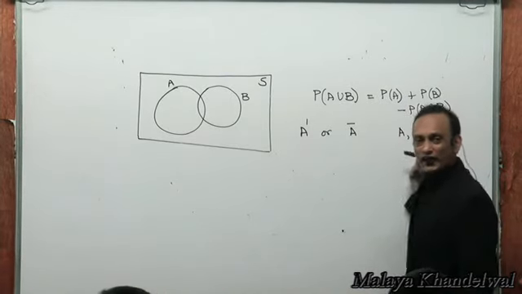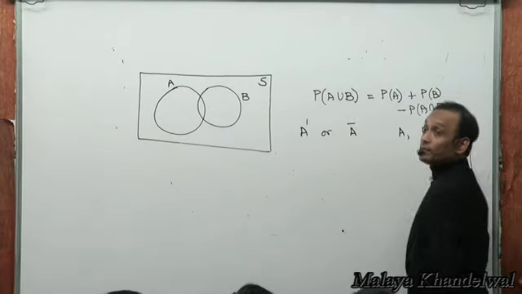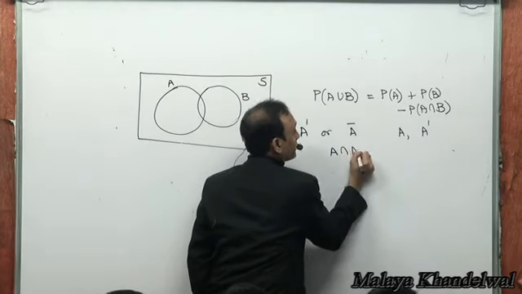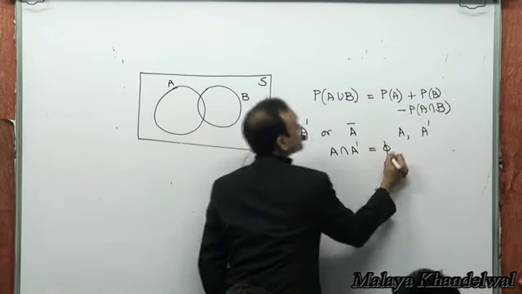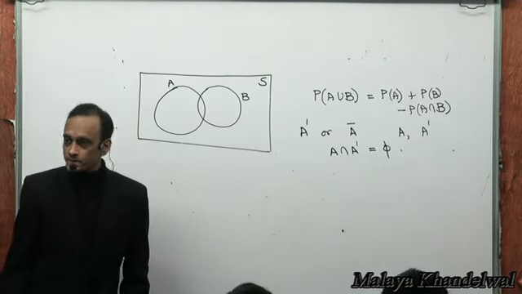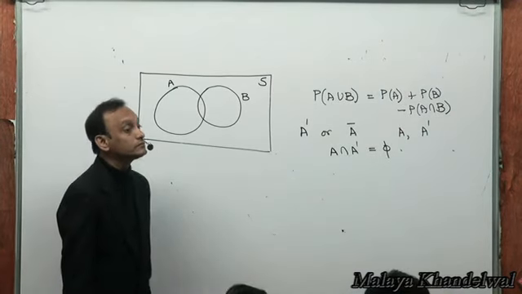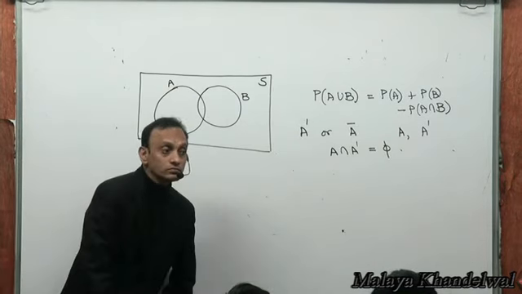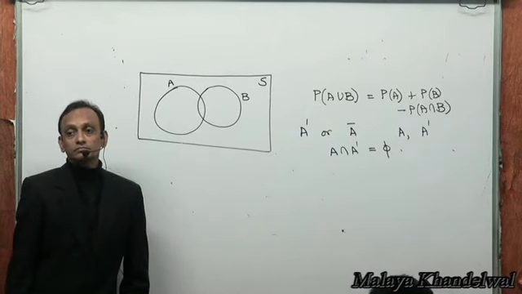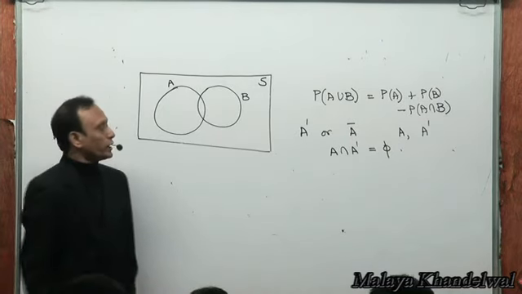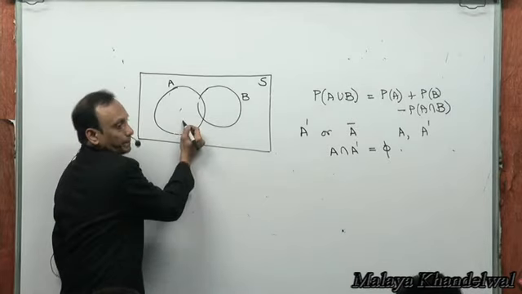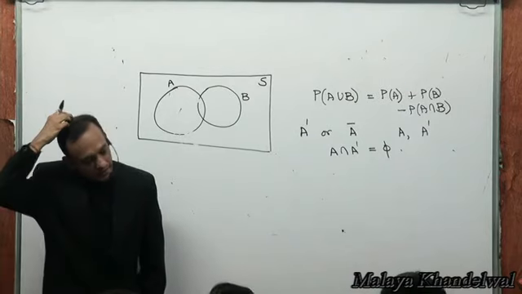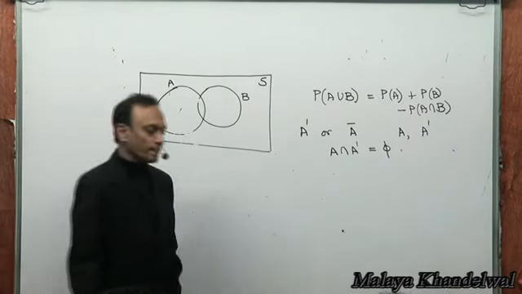A occurring as well as not occurring cannot happen simultaneously. So they are mutually exclusive events, right? A intersection A prime will always be a null set. Exhaustive also, right? This A and the rest is all A bar, and together they constitute the sample space.